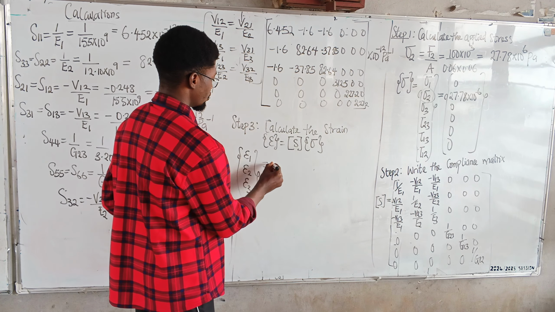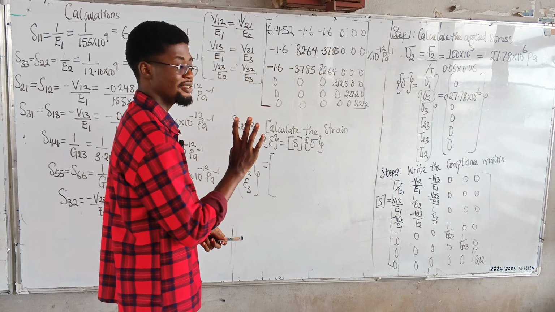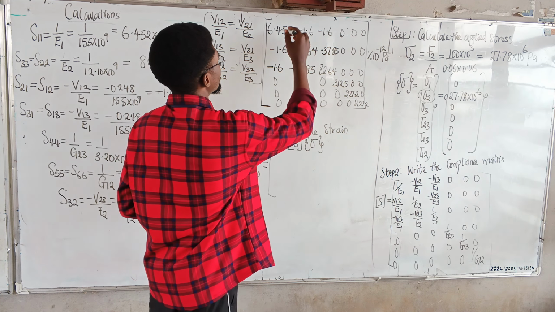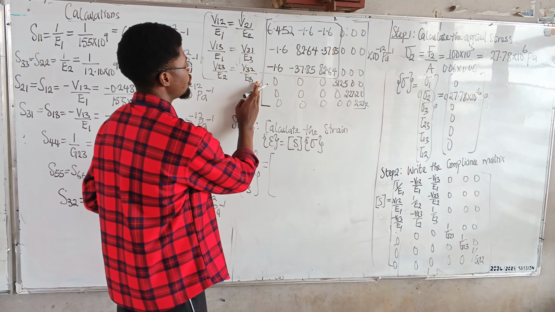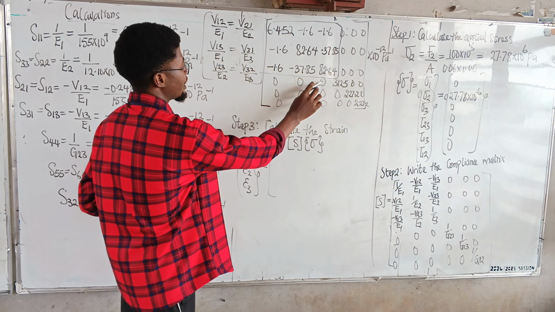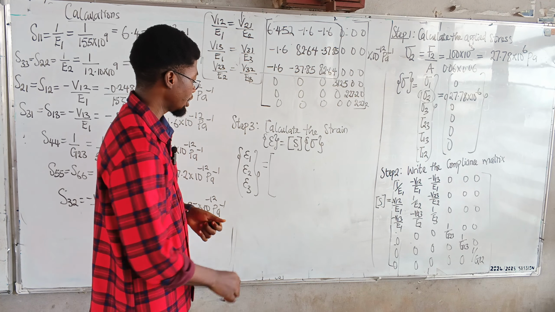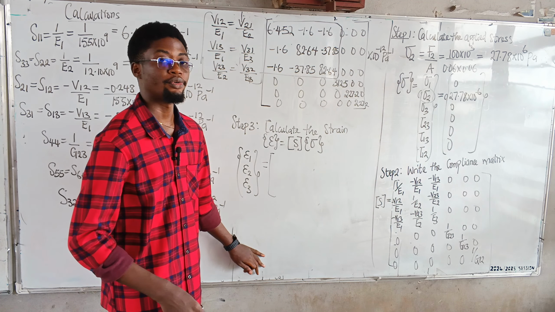So it is equal to, now my S, since the remaining ones are 0, my S is going to be strictly just these ones. Why? Because since the other ones are 0, when you use it to multiply whatever you have here, they will also be 0. Because these other 3 rows, they came from this shear strain. So because we don't have a shear strain anymore, they are zeros.